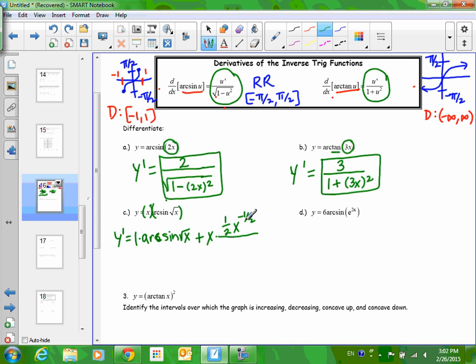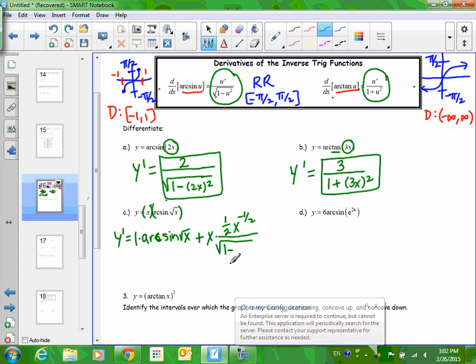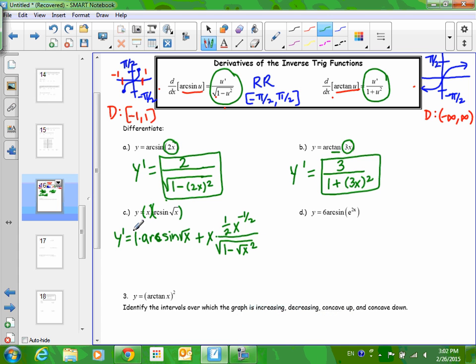That's the u prime or du or however you want to say it. In the denominator, because it's sine or arc sine, we put a square root and it's 1 minus. If this had been arctan, we would have not put the square root and put 1 plus. That's the difference between the 2 formulas. And remember, you got to take that square root of x and you got to square it. And that's your answer.